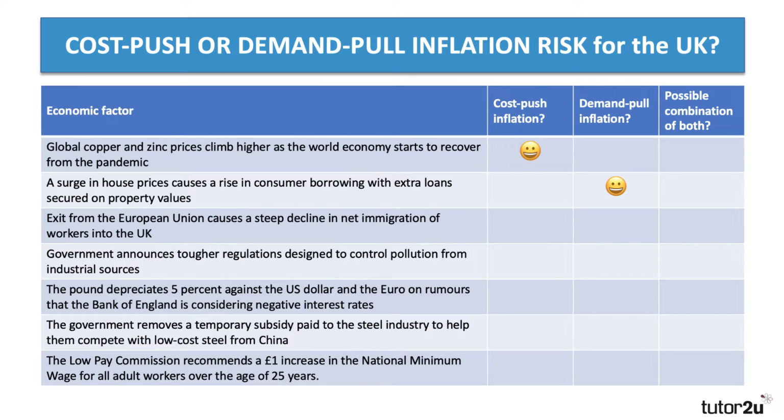But if house prices are going up, that could lead some house owners to extend their mortgages, perhaps release some of the equity in their house and increase their spending, perhaps to fund home improvements. The likely consequence of that is an increase in the rate of demand pull inflation.